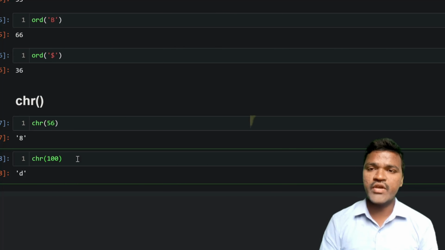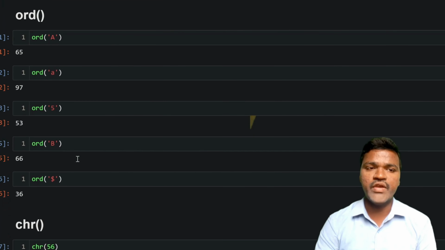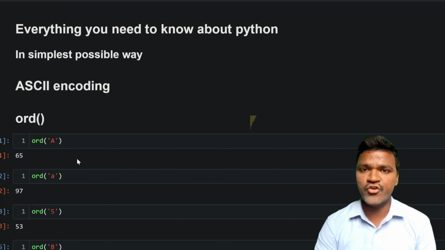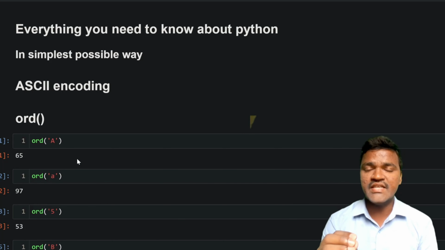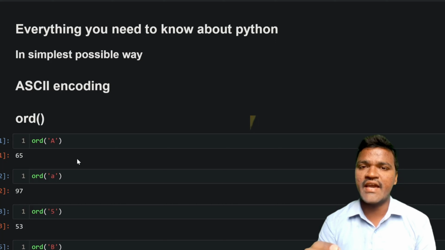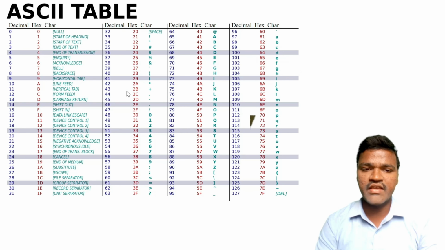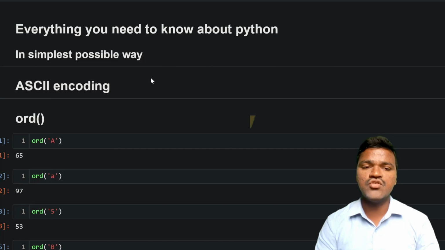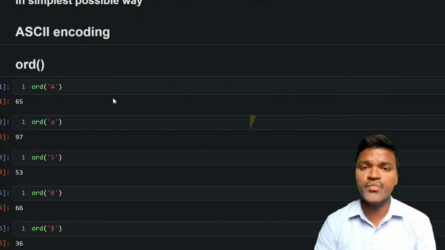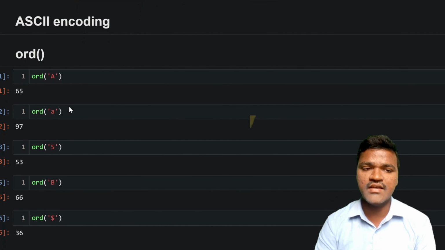I hope you can understand. We are using this ASCII encoding to map integer values and their equivalent characters, as we can see in this table. Here we have all of the ASCII alphabets and their equivalent integer values. In order to use that, we have two methods in Python, which are ORD and CHR.